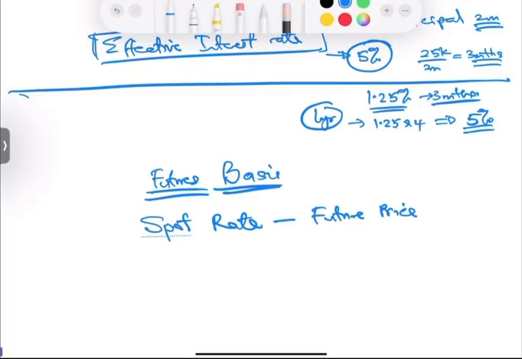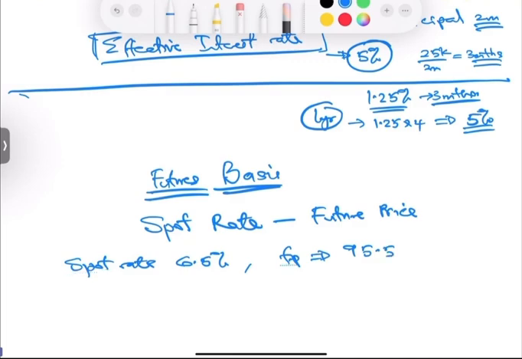If I say, let's say you have a spot rate of 6.5%, and the futures price is being quoted at 95.5.